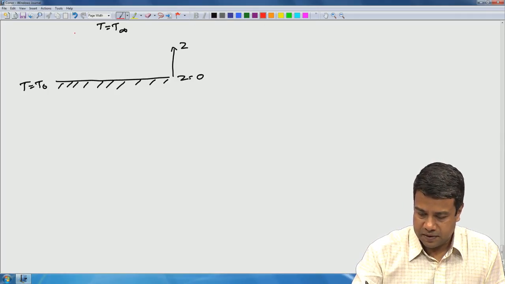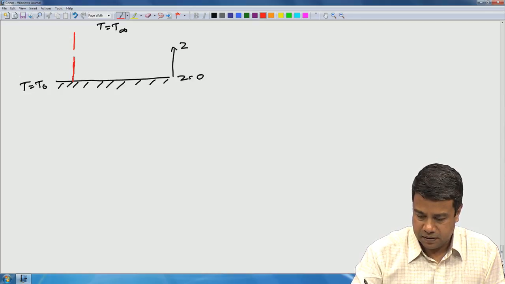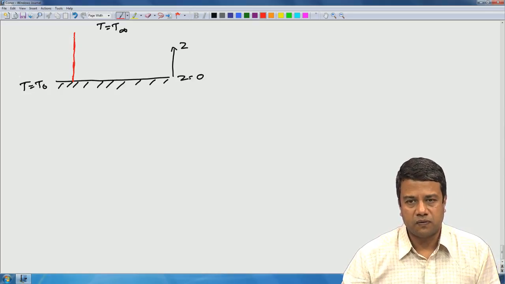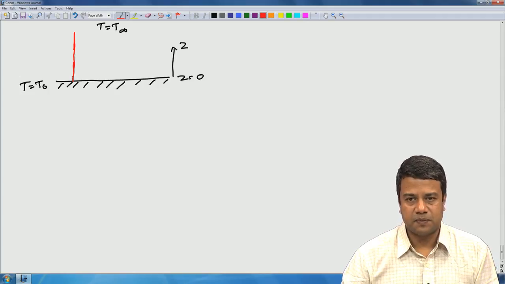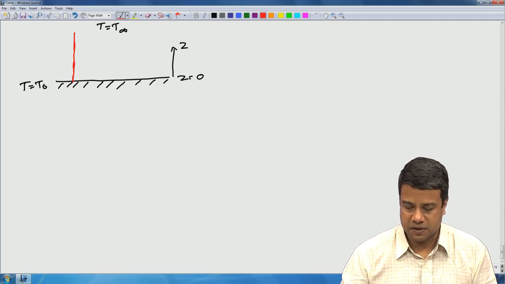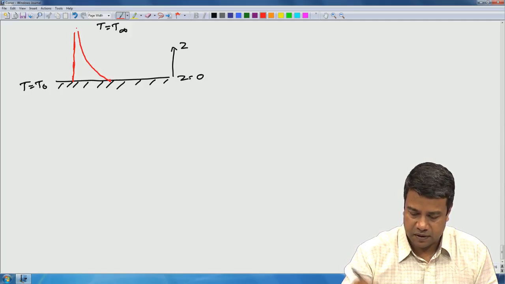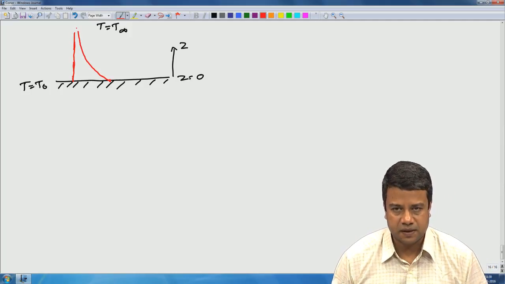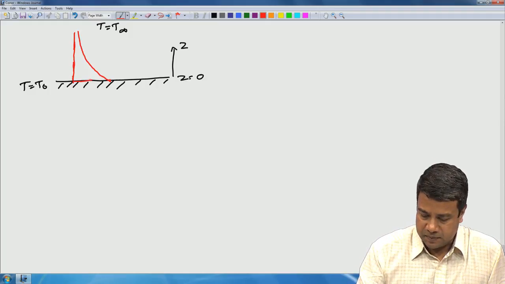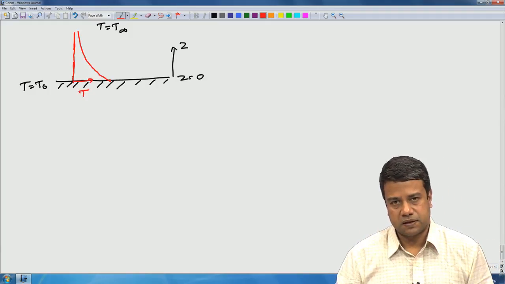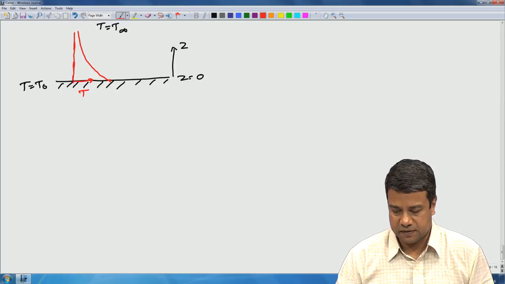So, if I plot the temperature field, depending upon how long time has elapsed since I have heated the bottom surface, the temperature field will decay from this value of T naught to T infinity in some manner. If I plot the temperature as a function of cross stream position, perpendicular to the surface.